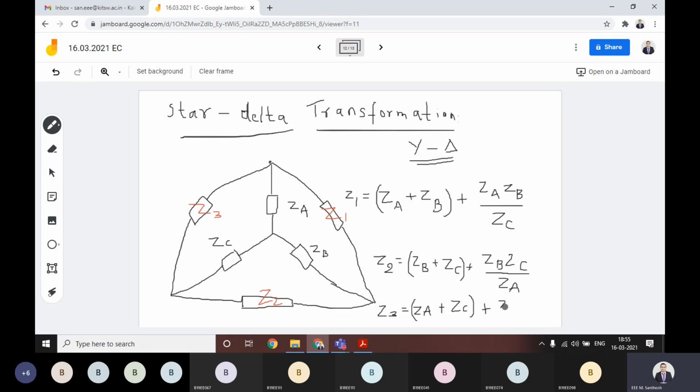Very good. Okay. Whenever you are converting star to delta, you have to apply this kind of formula.